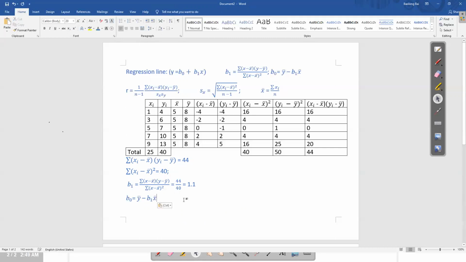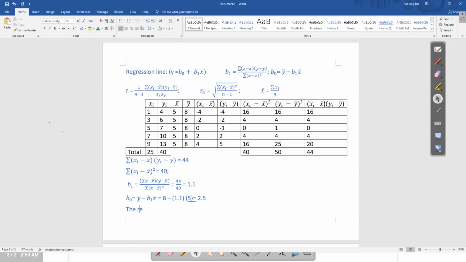So B0 is y bar minus B1 times x bar. So what is y bar? Y bar is right here, right? 8. What is B1? 1.1. What is x bar? X bar is 5. So we calculate, right? So 8 minus 5.5 is 2.5, right?